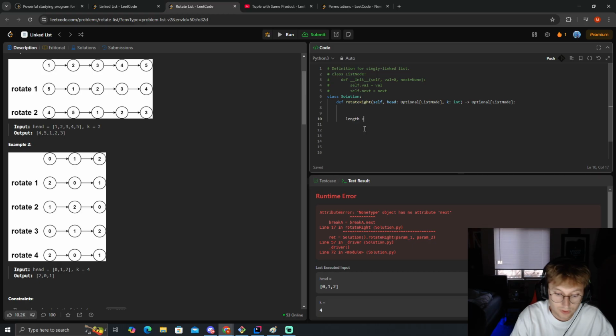Okay, so they're looking for the length, right? Tail is equal to head. Okay, final length. That's what we did originally. While tail dot next does not equal none, tail is equal to tail dot next. We want to increase our count. It's equal to 1.